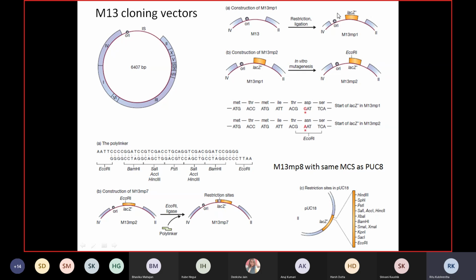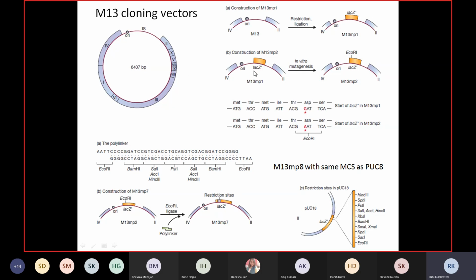So now coming back to how they introduced the EcoRI site in this LacZ prime. And this will be important for the individual experiments that you are doing in the lab: how you can think about introducing a restriction enzyme site without introducing 6 new bases within a particular stretch of DNA.